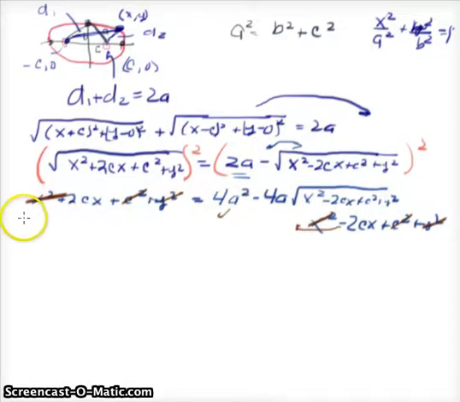So what are we going to get? We're going to get 4cx minus 4a squared equals negative 4a times all the stuff in here.